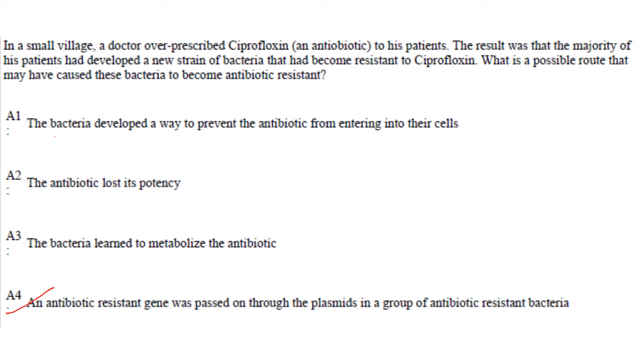That is not correct. They are asking how the bacteria became resistant to the antibiotic. So the antibiotic lost its potency? No, the bacteria became resistant to the antibiotic. It has not lost the potency. The bacteria learned to metabolize the antibiotic? No. The antibiotic resistant gene was passed on through the plasmid in a group of antibiotic resistant bacteria. That is more correct. So answer is option 4.